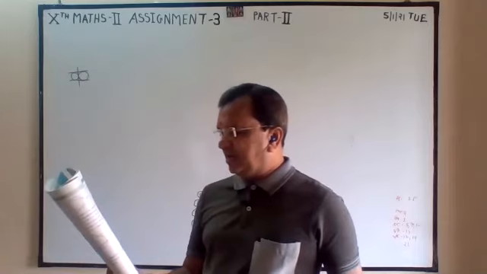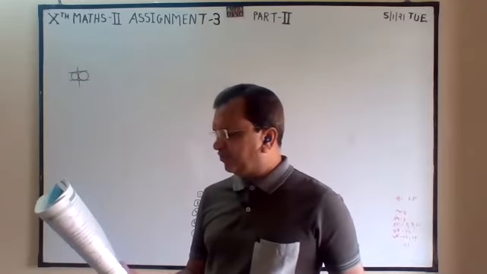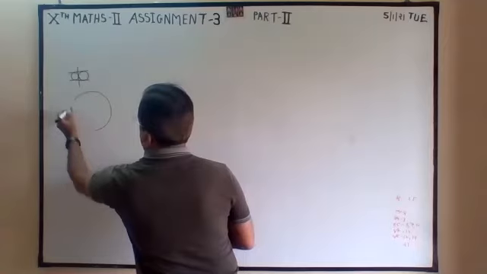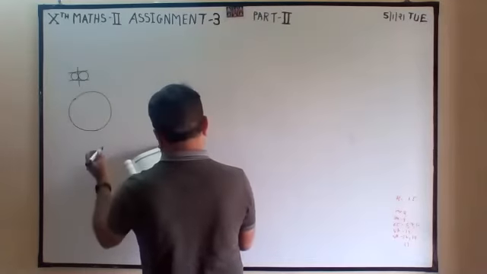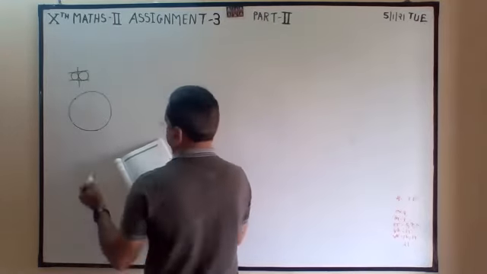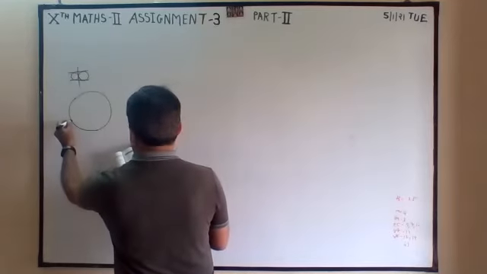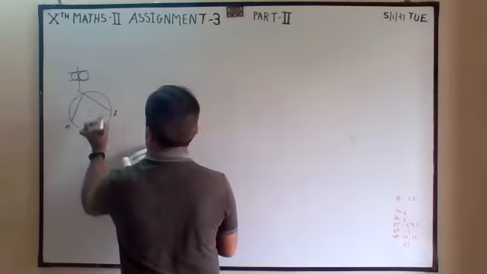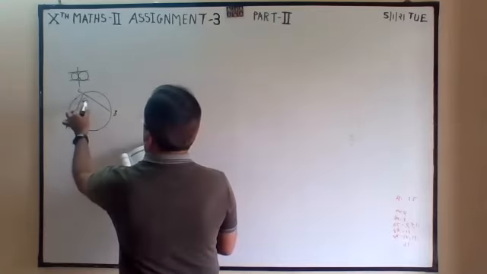Triangle ABC is inscribed in arc ABC of a circle with the center O. Angle ACB is 65.